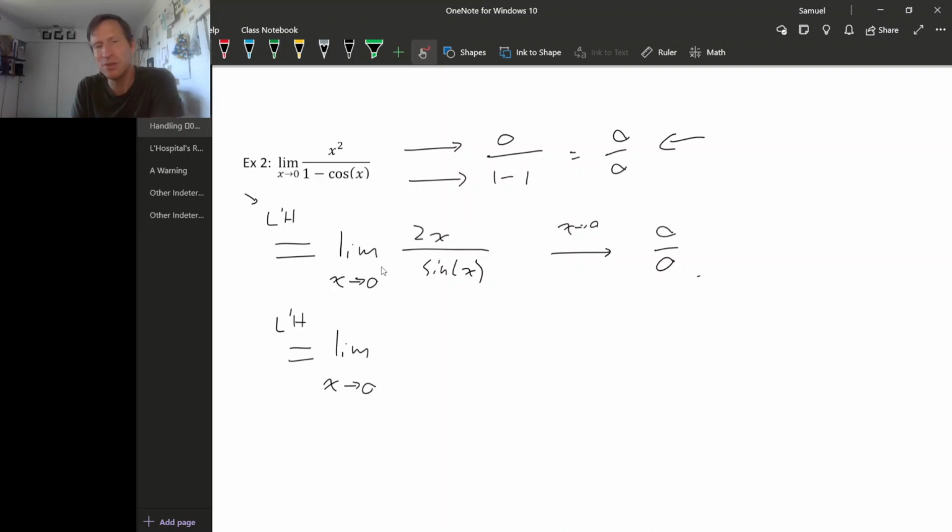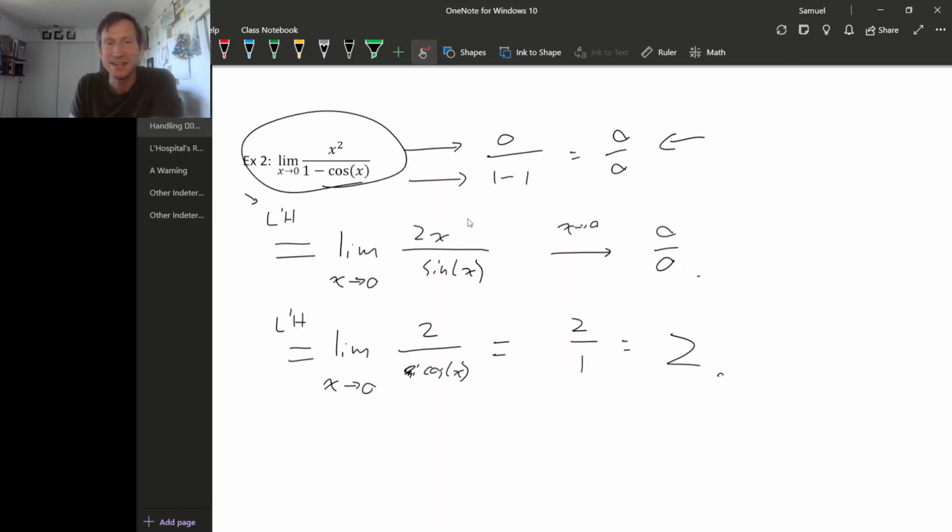But in this example, if we do one more trip through L'Hopital's rule, in the numerator, the derivative of 2x is 2, and in the denominator, the derivative of sine is cosine. And now if we take the limit directly, just by plugging in 0, we get 2 over 1, and that is defined. That's 2. So this limit is actually 2.